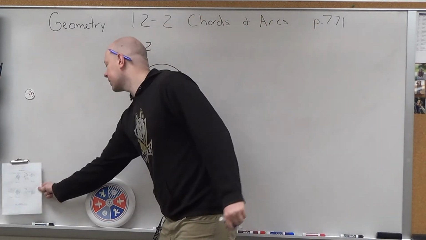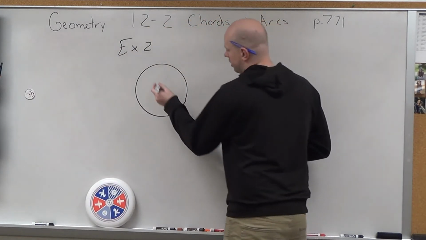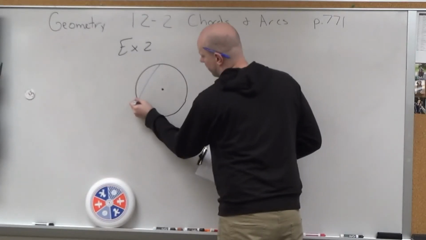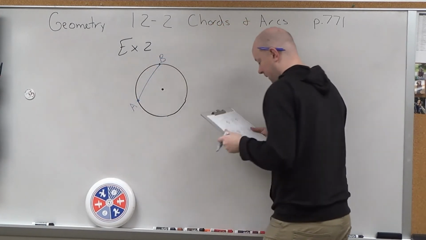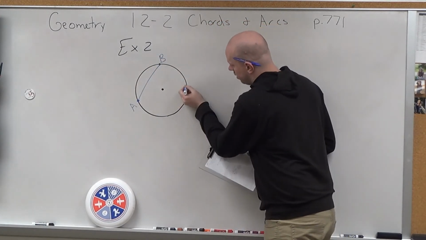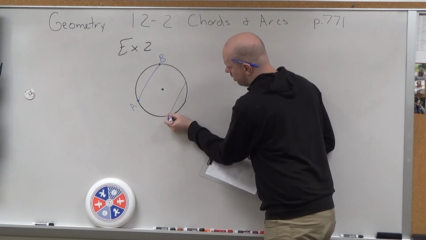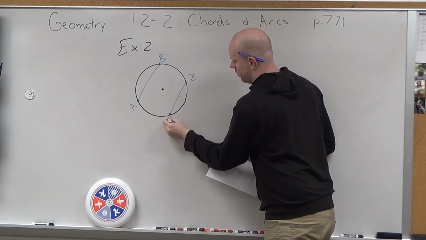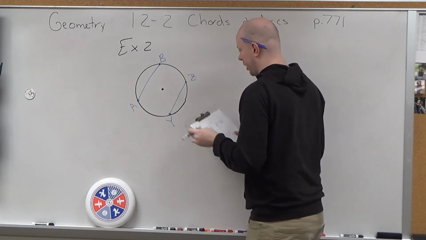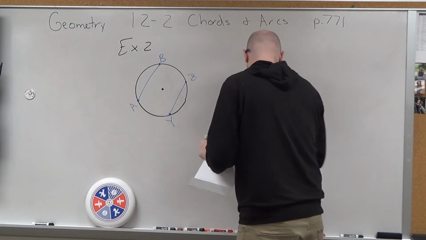And if I have something like this, so I got AB, and then I got YZ, and I have my distances.